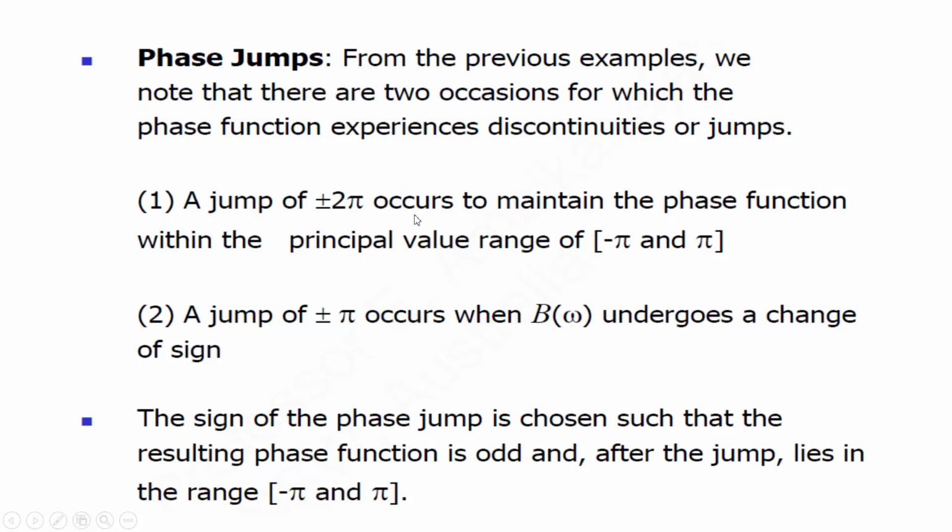So a jump of plus minus 2 pi occurs to maintain the phase function within the principal value range of minus pi to pi. That's the range of the digital frequency. A jump of plus minus pi occurs when H of omega undergoes a change of sign. The sign of the phase jump is chosen such that, this is important again, I have already explained this, the resulting phase function is odd, and after the jump lies in the minus pi to pi range, closed interval.